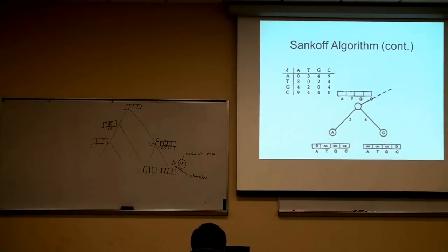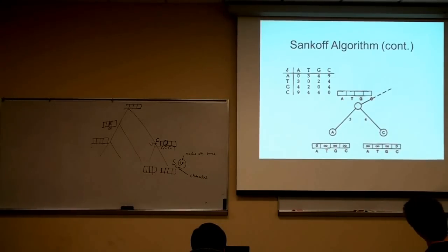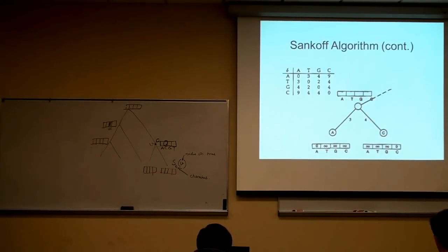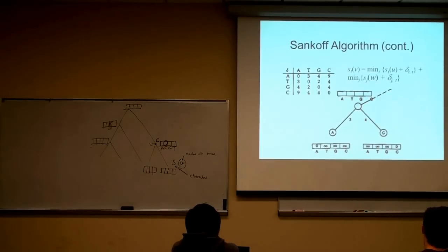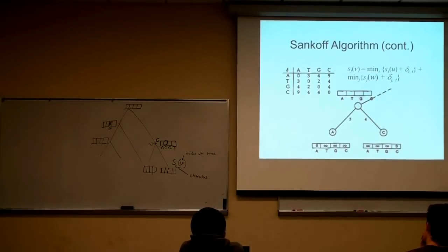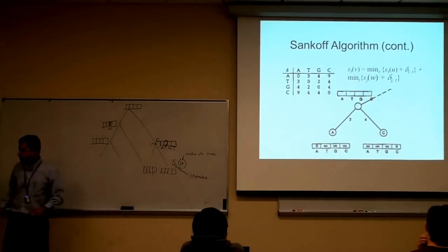This is the scoring matrix, because this is a generalized problem, not the 0, 1 scoring matrix. This is the scoring matrix. So now you have to, and this is the recurrence that was on the earlier slide, which I didn't describe. Now it's the same recurrence. Okay? It's really, again, quite simple.